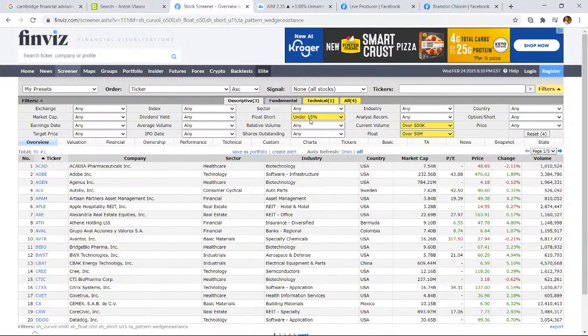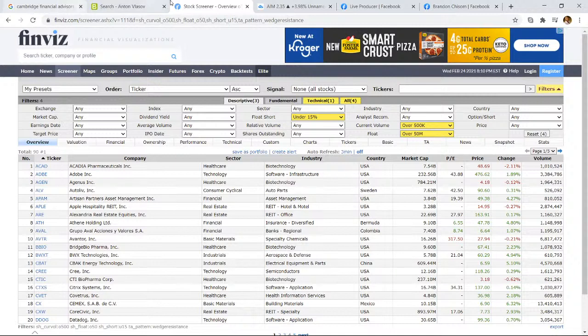So they have a float that's short 10% or more. So I set it at the 15% or under. So this is going to pull stocks that have a short float that's at least 15% or less.